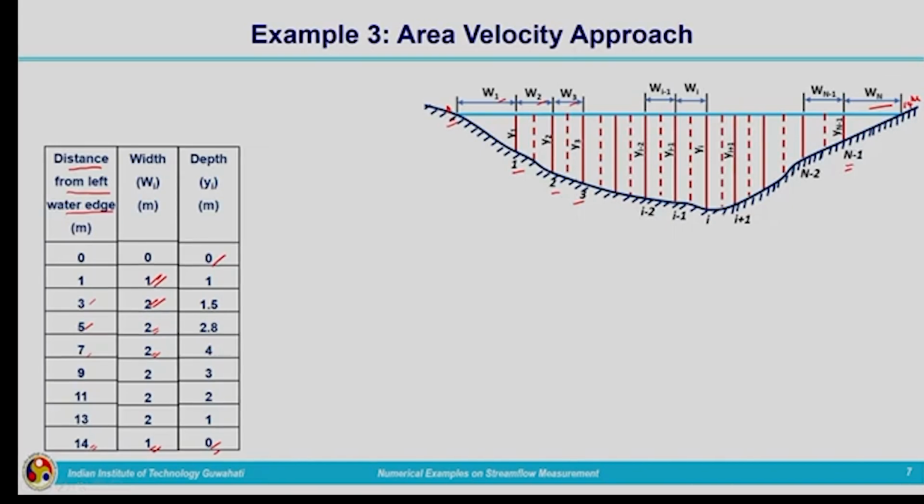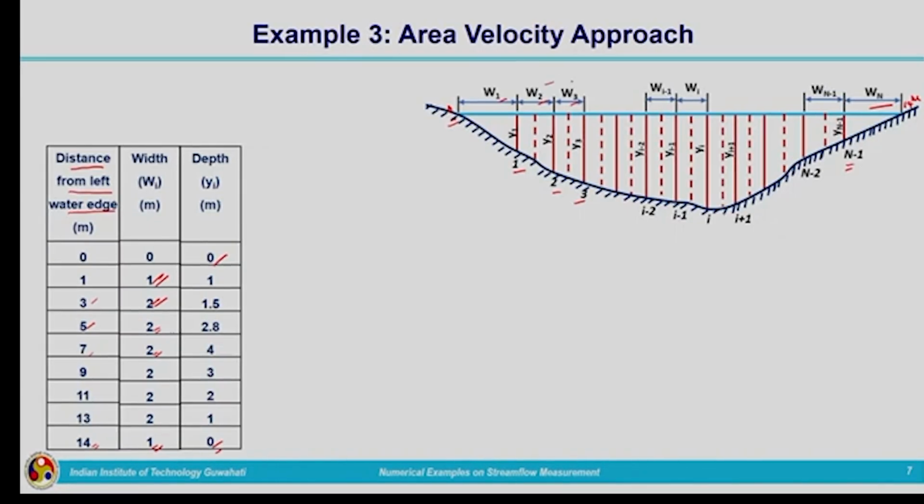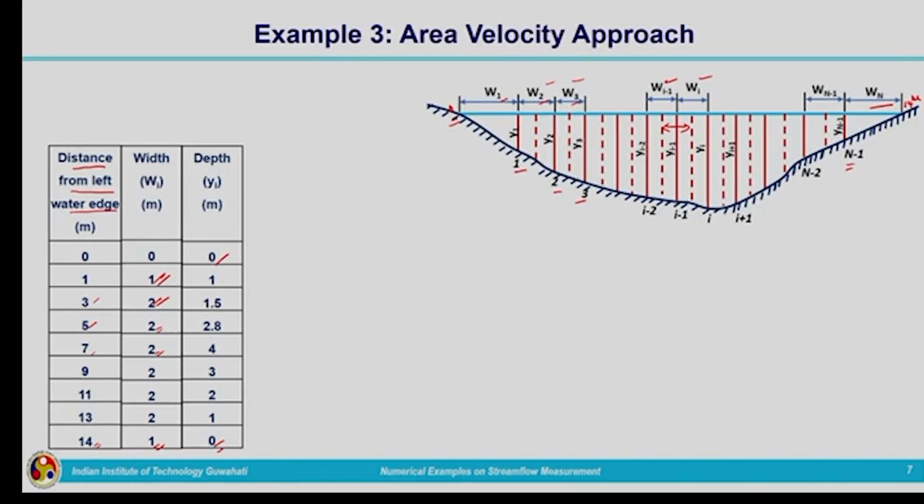Why do we want to make use of average width? Because we are making use of the midsection formula to calculate the area of each section. So, in all the intermediate sections, that is W2, W3, that way, it is not difficult to get the width. For a particular section, it will be Wi minus 1 plus Wi divided by 2.